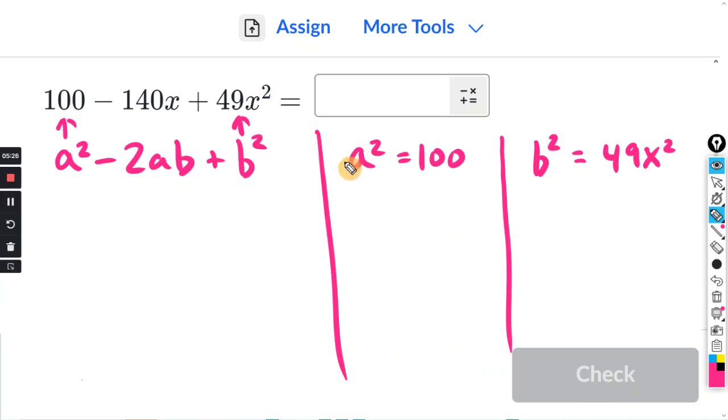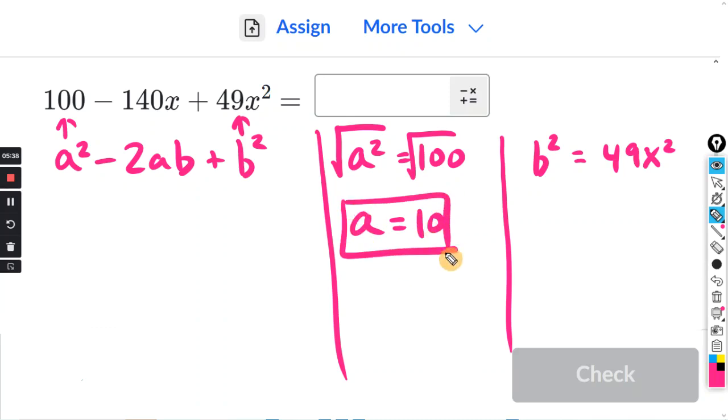All right, so the opposite of squaring something is to take the square root of both sides. Square root of a squared is a, square root of 100 is 10. Square root of both sides. Square root of b squared is b, square root of 49 is 7, square root of x squared is x.